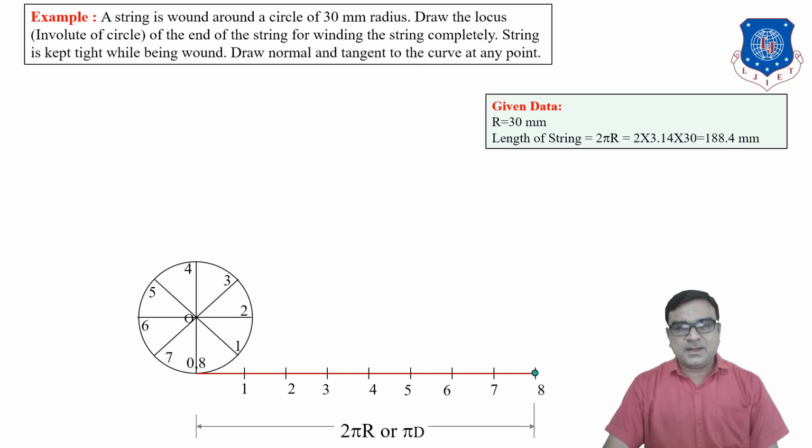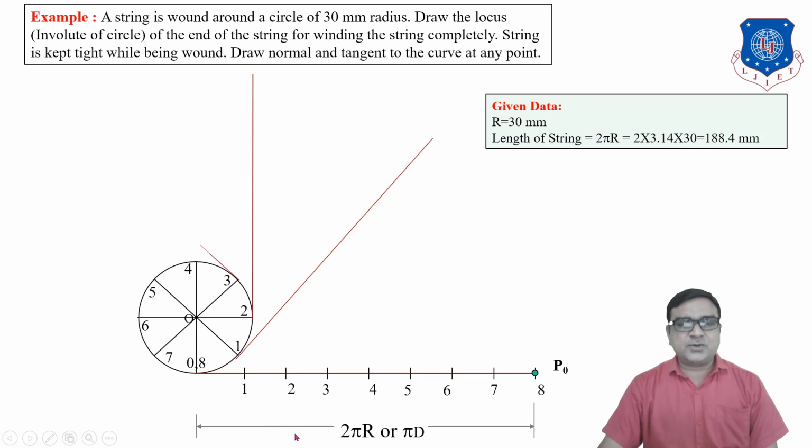Okay. Now this point is the end of the string, and we want to wound this string around the surface of this circle by keeping the string tight, and this end of the string is fixed at the bottom of the circle. For that we have to draw a tangent from 1, tangent from 2, tangent from 3, 4, 5, 6, 7.